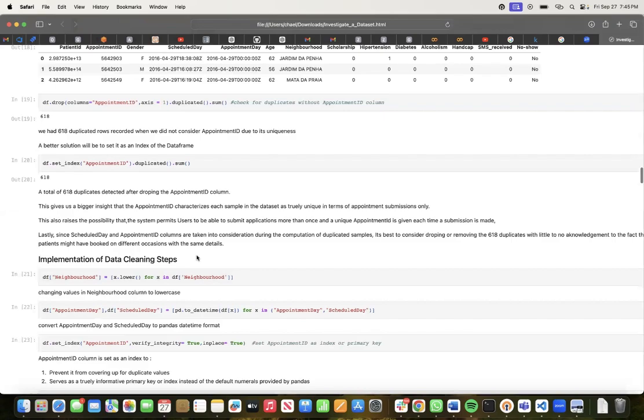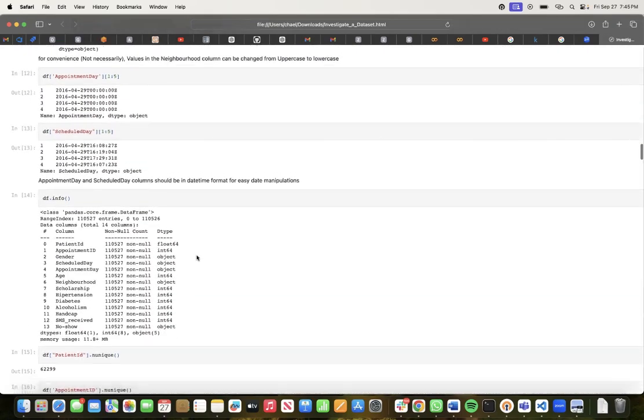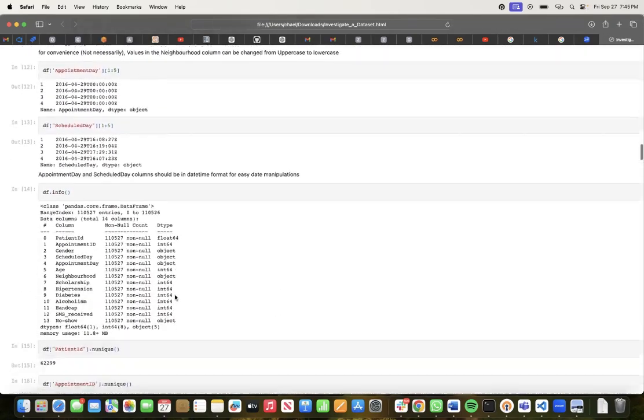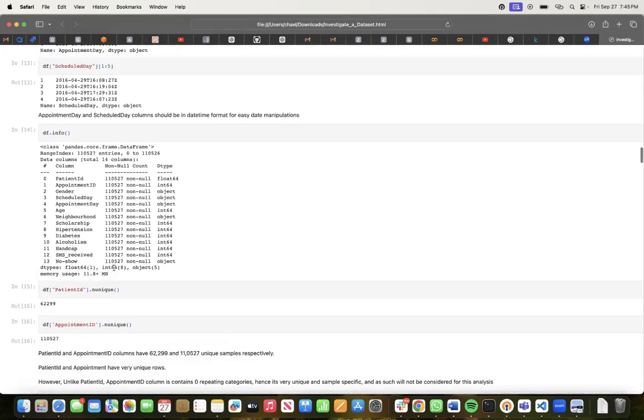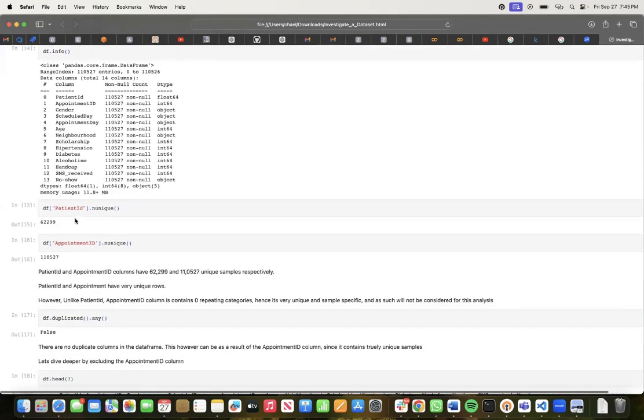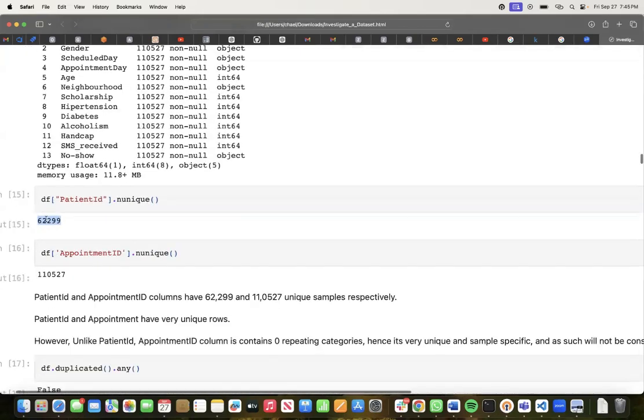Let's go on to what's important. So answering the role question, in this very session, you would realize that I'm trying to do anything possible to get a peek of the data. So for unique patient ID, I realize that we have 62,299.